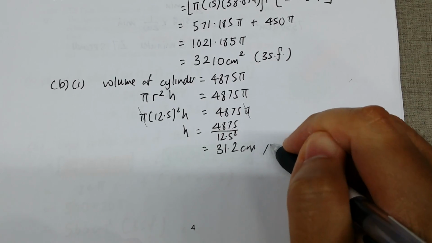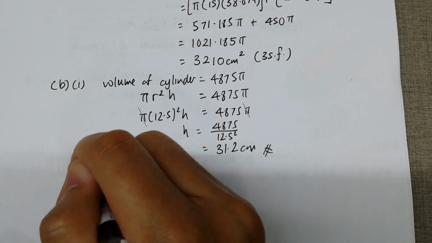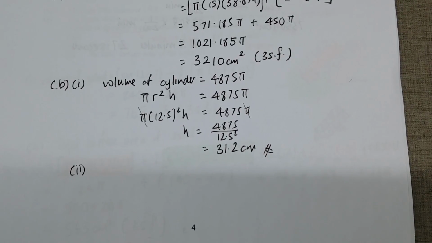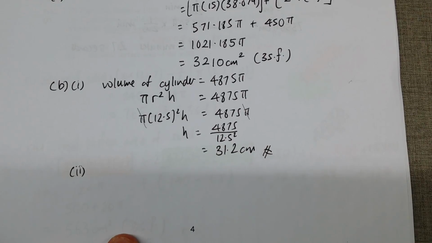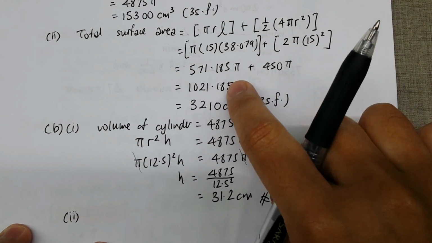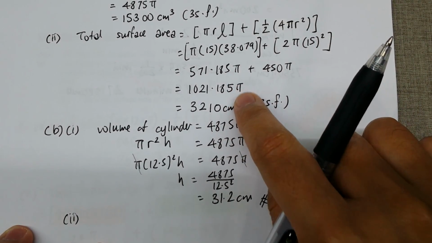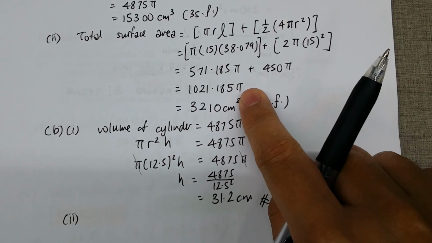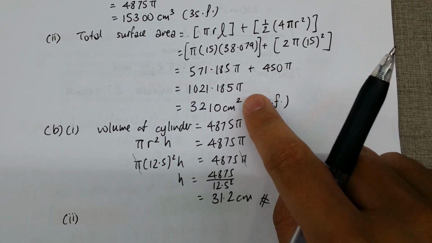Okay. The height. Last but not least, the surface area of the cylinder. Leave your answer in terms of pi. So sorry, you don't need that.